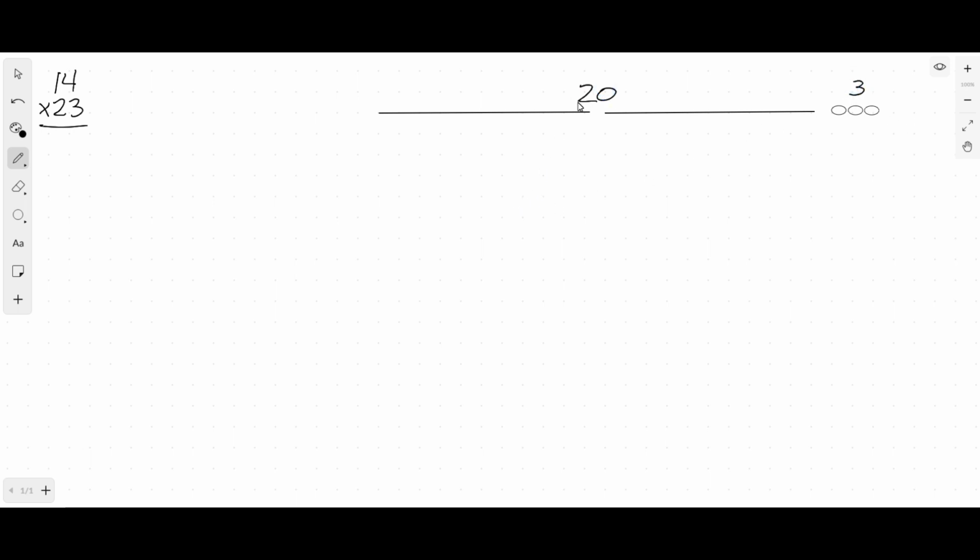And I'm going to redraw this 14 times, so however far down that goes. So this line will get duplicated 14 times. This line will get duplicated 14 times. And then these three ones will get duplicated 14 times. Okay, let me do that real quick.